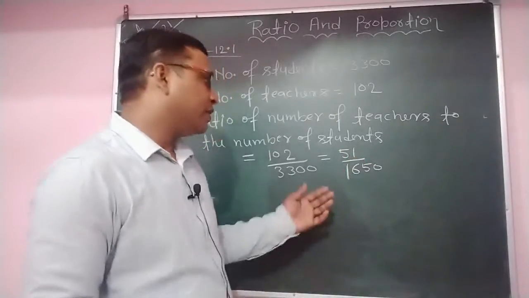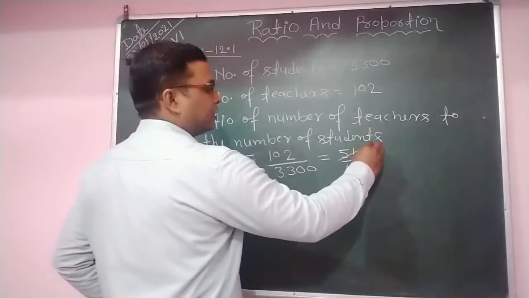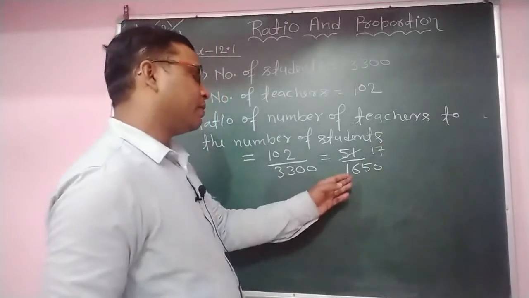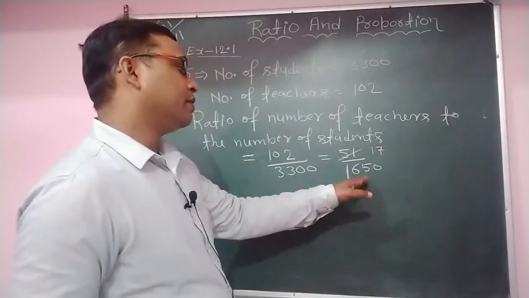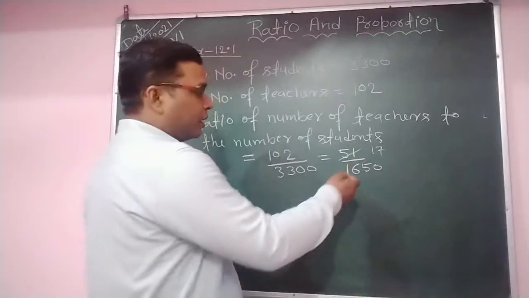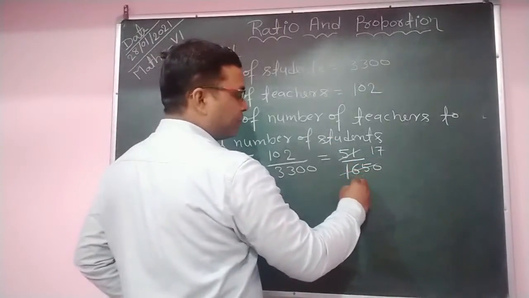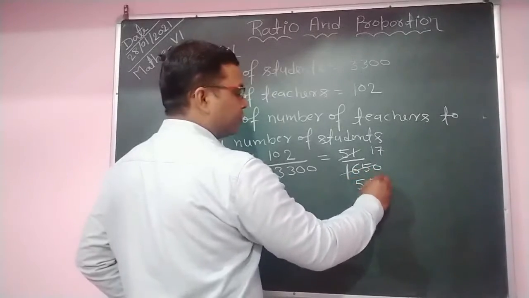If you cancel it by 3, then we get here 17, because 3 times 17 is 51, and 550, because 3 times 550 is 1650.